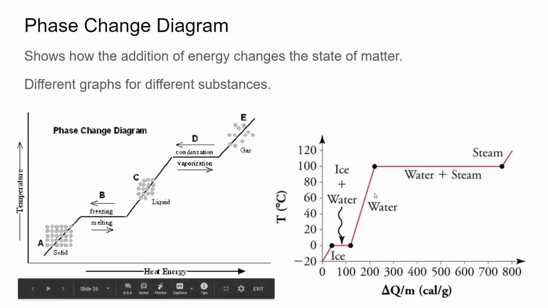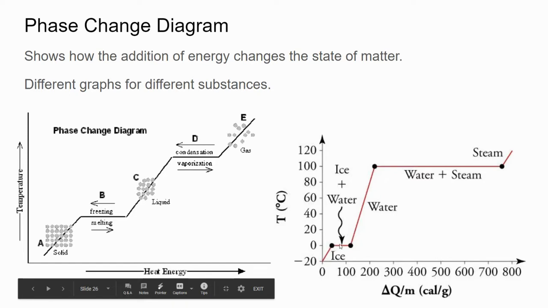The one to the right here is just a more accurate description, showing how much energy is needed to change these temperatures. Initially it's like 50 calories per gram, or maybe not 50, probably more like 48 calories per gram, to go from -20 to 0.